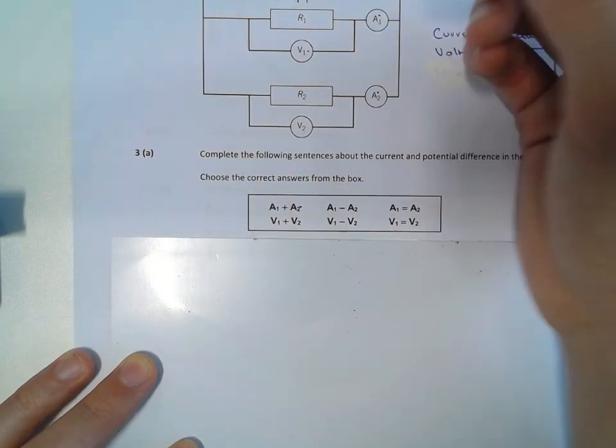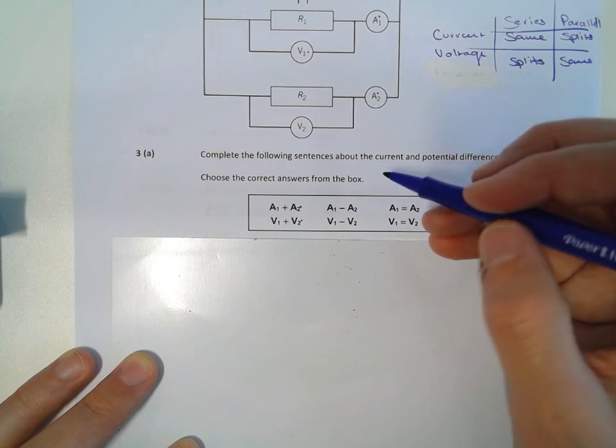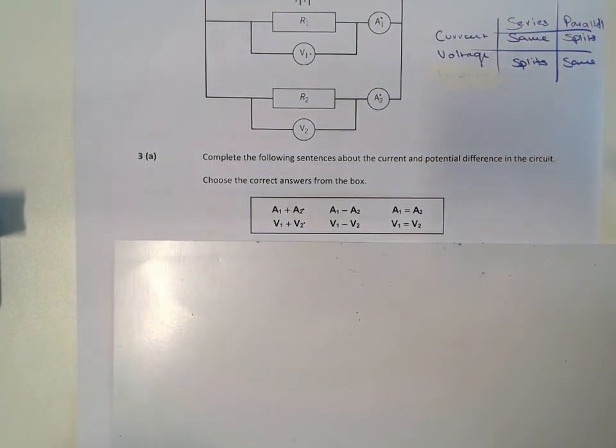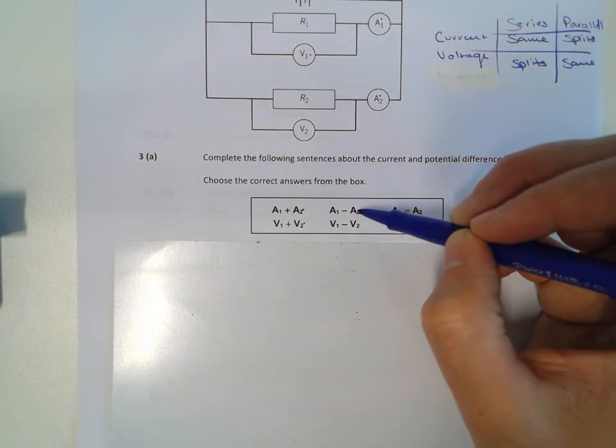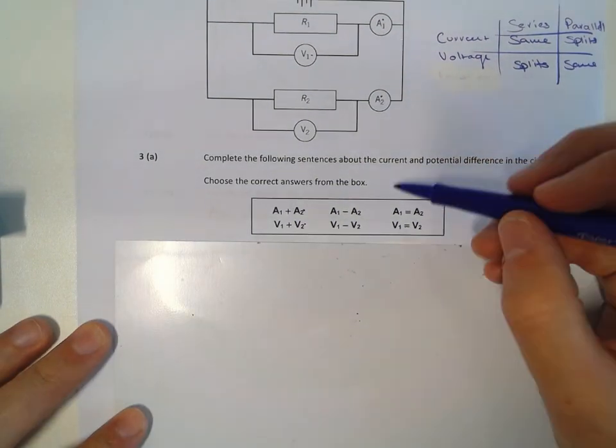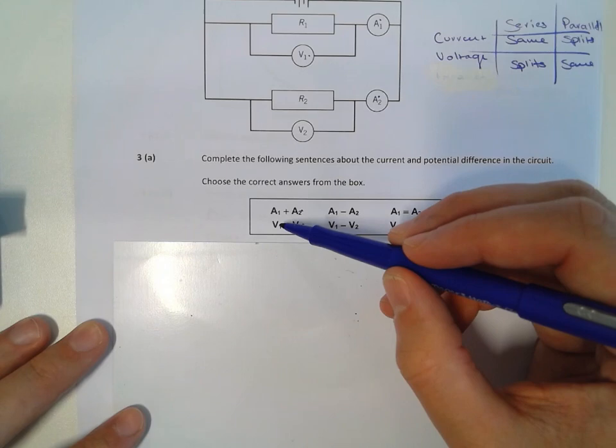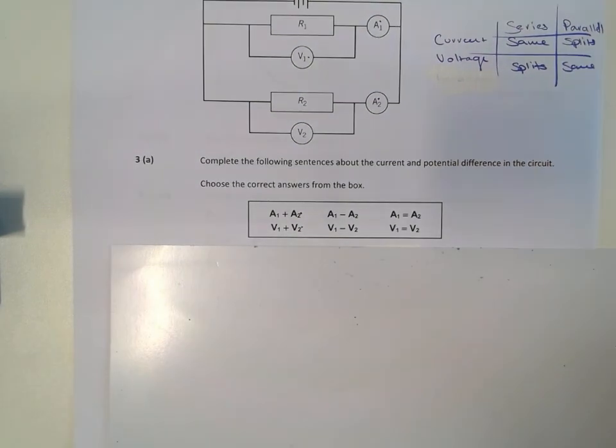V is voltmeter 1 and voltmeter 2, and you've got various combinations of the ammeters and voltmeters here. So adding the 2 values of the ammeters, subtracting the values of the ammeters, saying that they're equal, and then the same for the voltmeters as well that measure the potential difference.